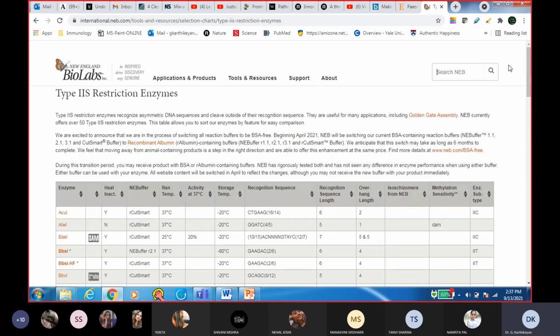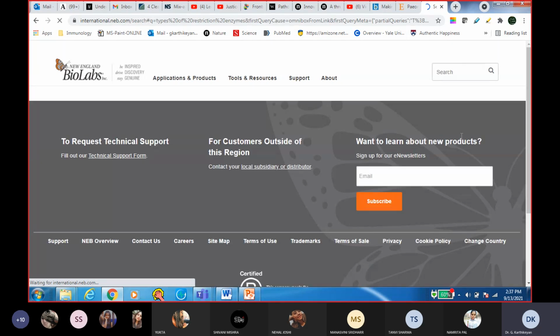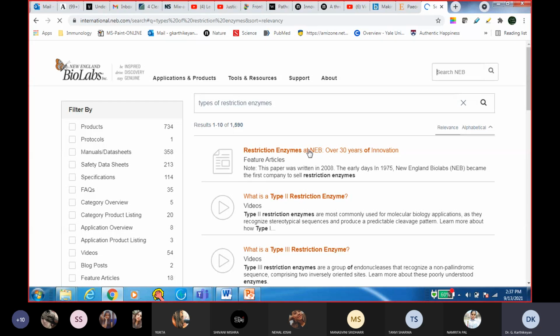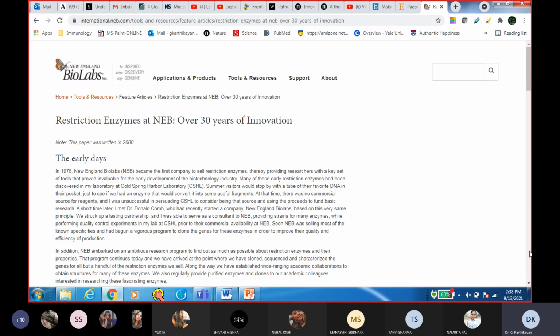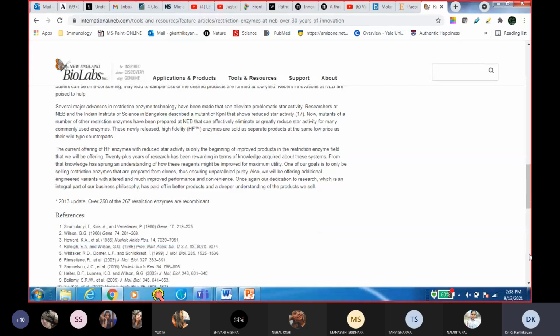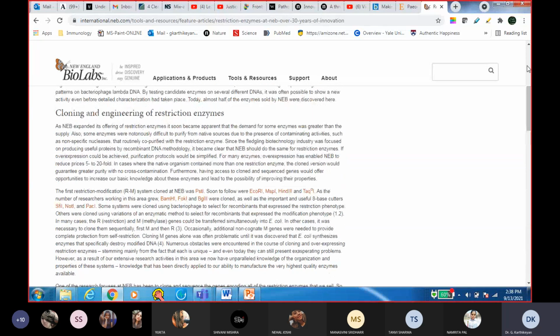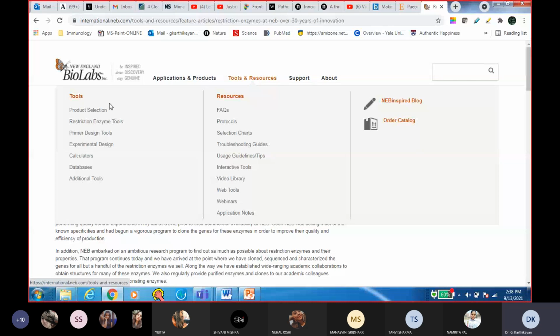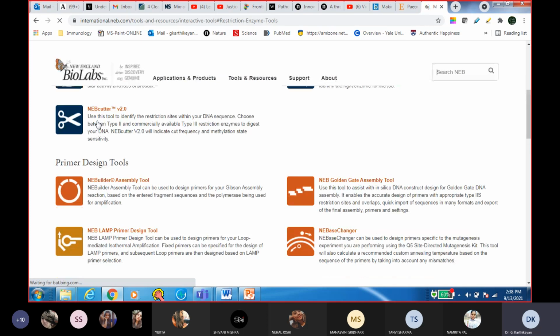These are type 2S, and we should be looking at type 2B restriction enzyme. Let's quickly try this.